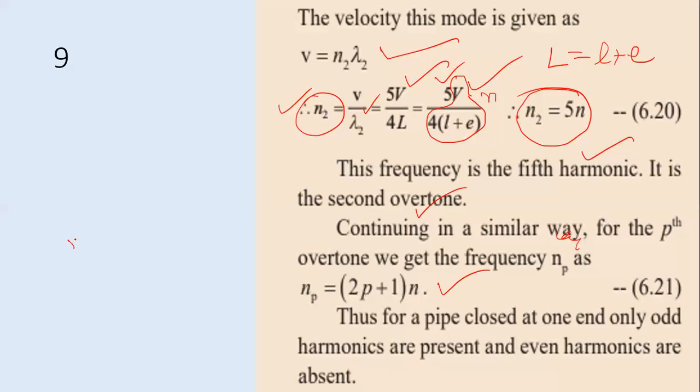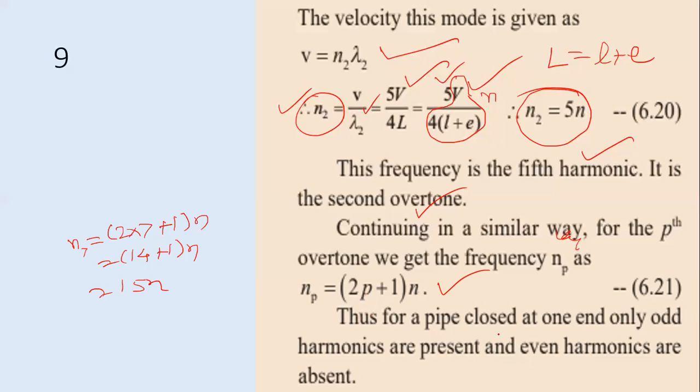N7 is equal to 2 into 7 plus 1 into n. It is equal to 14 plus 1 into n, which is 15n. So in this way, we can find out the frequency of any overtone by using this formula.